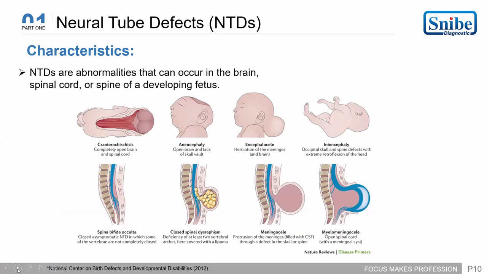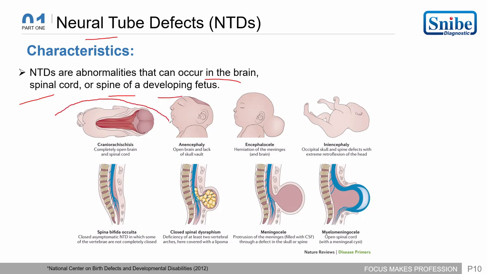So if you talk about neural tube defects, you know that they are called NTDs, basic abnormalities that occur in the brain. That's why we call them neural tube disorders of the spinal cord, spine, or developing fetus.